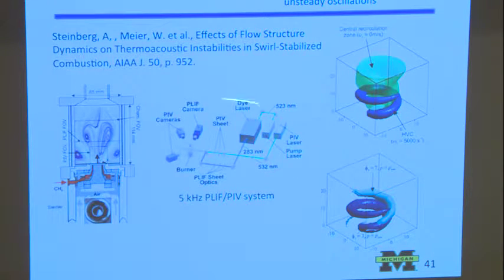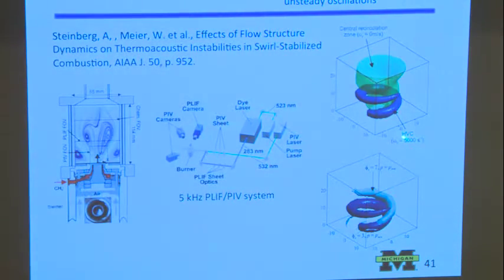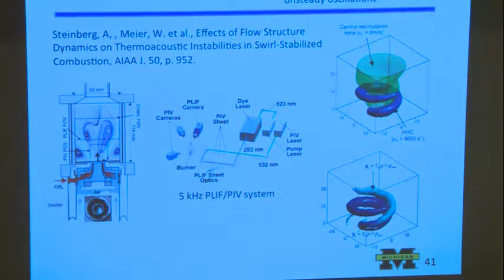Adam Steinberg went to Wolfgang's lab for a couple of years and applied these diagnostics, and they ended up with beautiful movies of vortical structures rotating around. He calls this the helical vortex core.